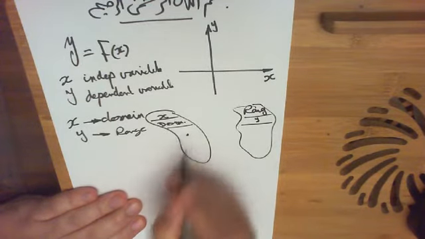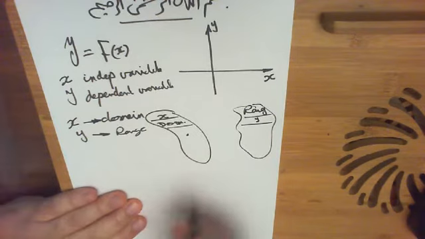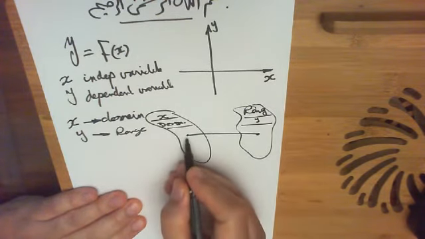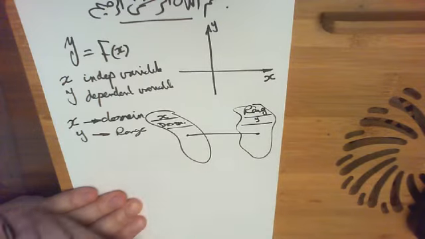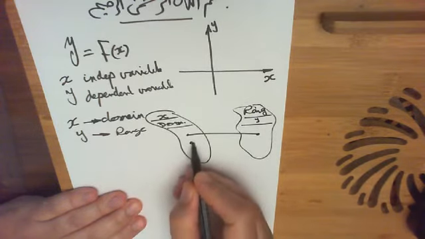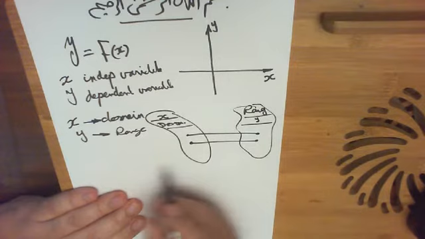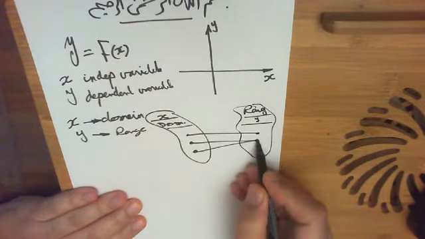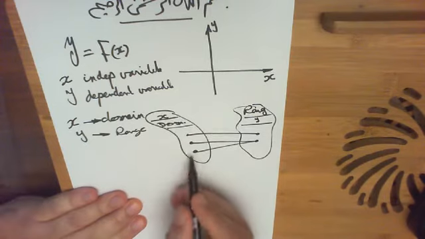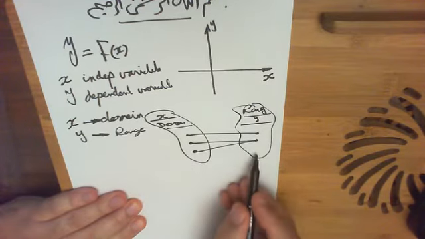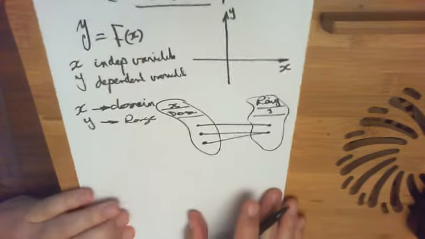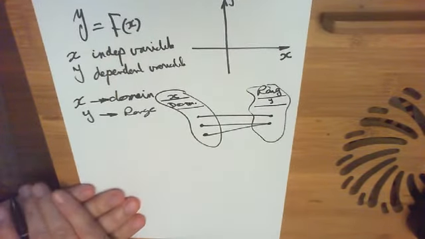Every value in x has a corresponding image, one and only one value in y. Another value in x has another value in y. A third value in x may have the same value in y as the previous one, no problem. But never one value in x has two different values in y. Okay? This is called a function.